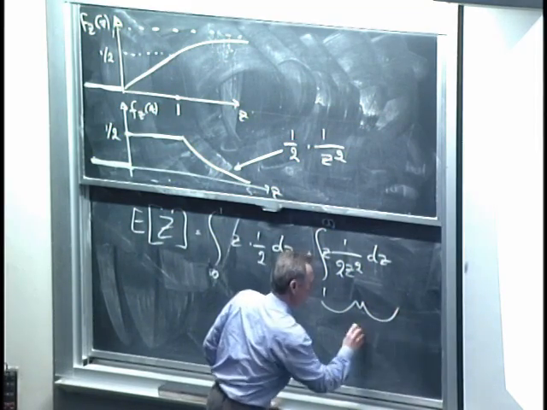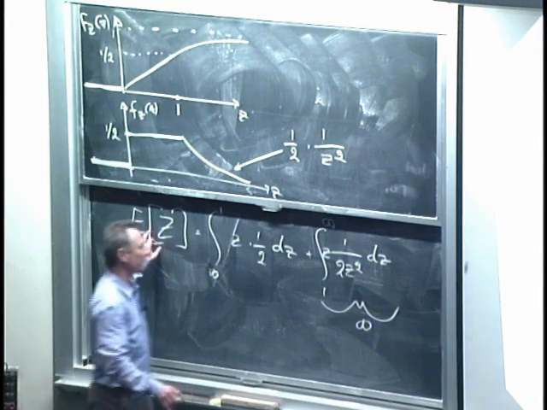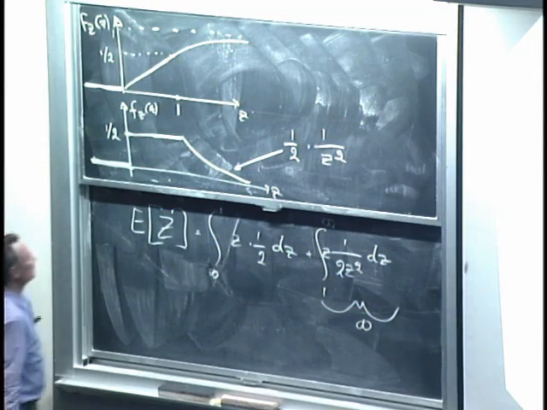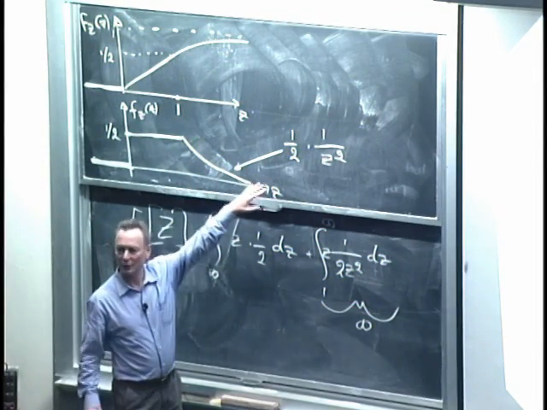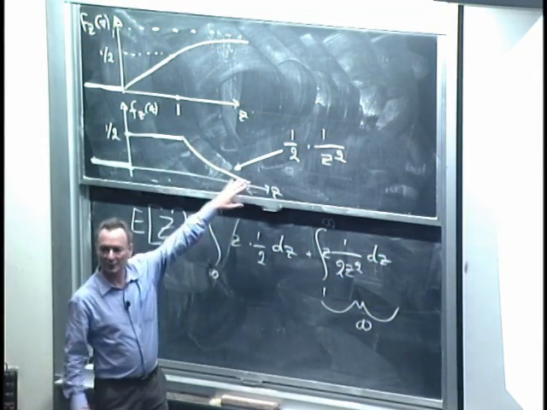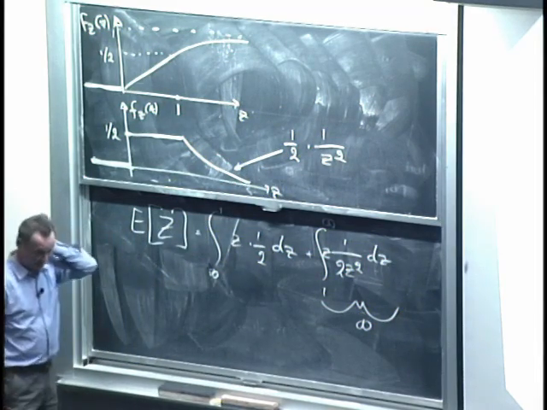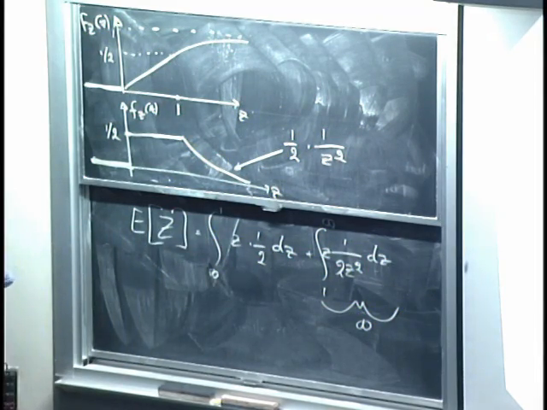So the expectation of the random variable z is actually infinite in this example. There's nothing wrong with this. Lots of random variables have infinite expectations. If the tail of the density falls kind of slowly as the argument goes to infinity, then it may well turn out that you get an infinite integral. Nothing strange about it.